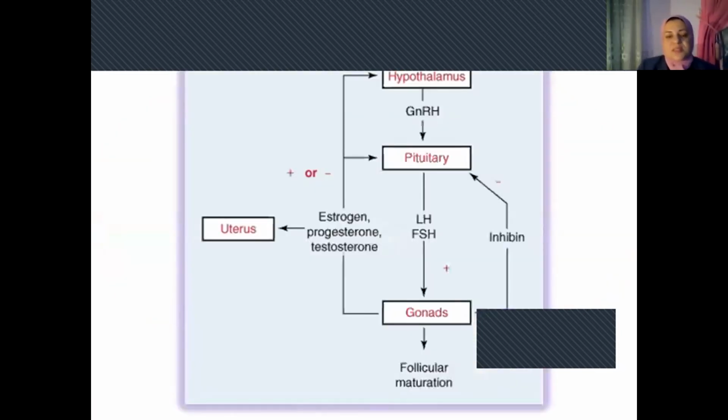This is the tract of the gonadal hormones: the hypothalamus releases gonadotropin releasing hormone to stimulate the pituitary, which then secretes LH and FSH, which stimulate the gonads to cause follicular maturation, and estrogen, progesterone, and testosterone to the uterus, causing negative feedback on the pituitary and hypothalamus by inhibin.